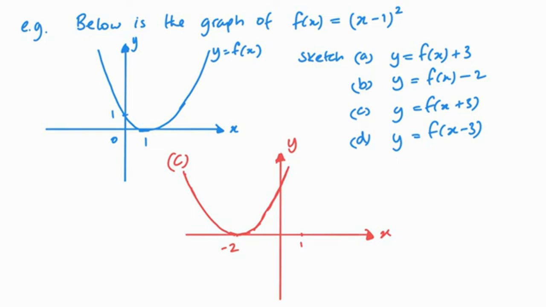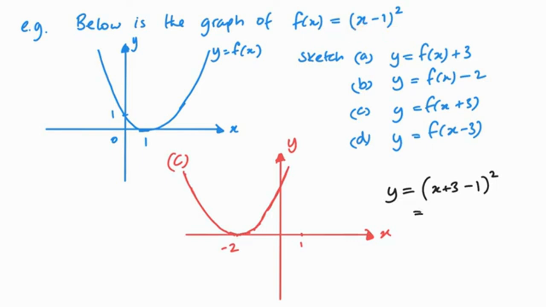And again, now if I want to work out where it hits that y-axis, then I need to do a couple of calculations. So if I was doing those calculations, I've got y equals, now is f of x plus 3. So what I'm doing is I'm replacing x with x plus 3, and that's minus 1 squared. So I'm taking the original, replacing this x with an x plus 3.